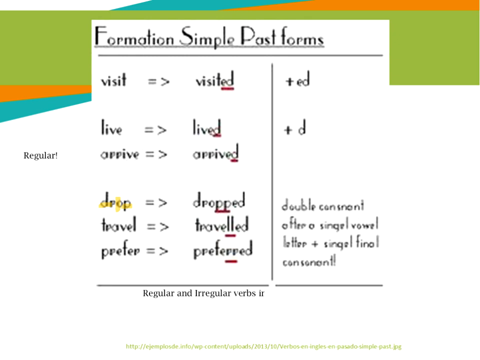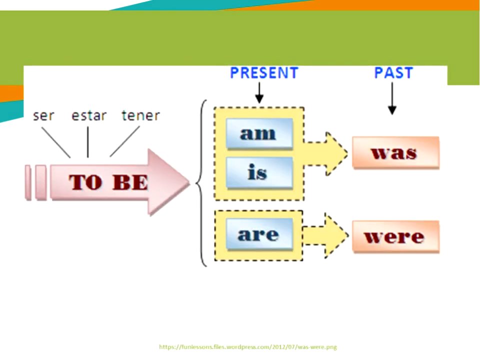They are regular because they follow a rule. The rule says add ed to the end. That's the rule. That's why they are regular, because they follow a rule. But let's continue.